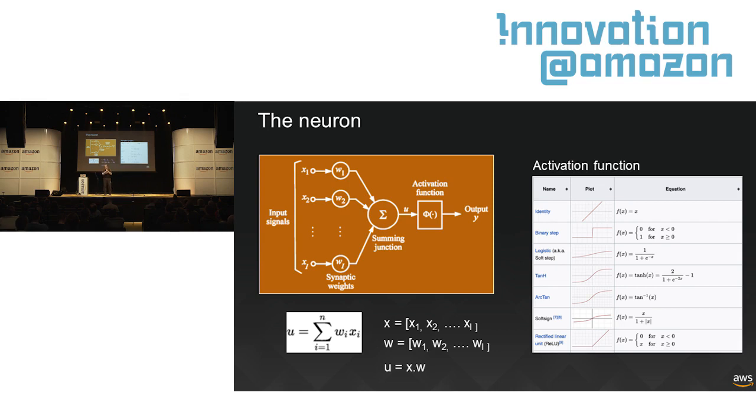And as you can see for this one, if the output value from the multiply and accumulate operation is negative, then the output of the neuron is going to be 0. If the output of the MAC operation is positive, then the output of the neuron will be that exact same value. So we force the neuron to say, well, given the inputs, I think I should have an output or not, right?